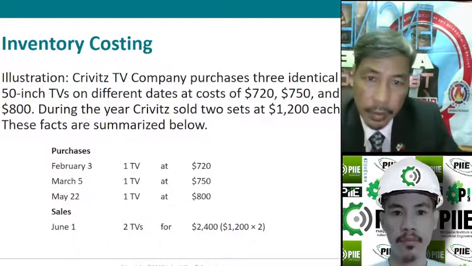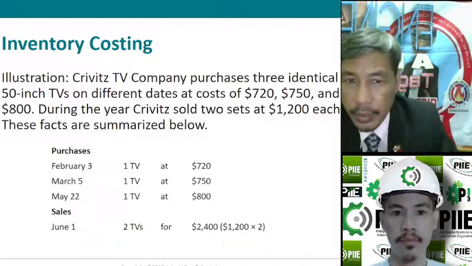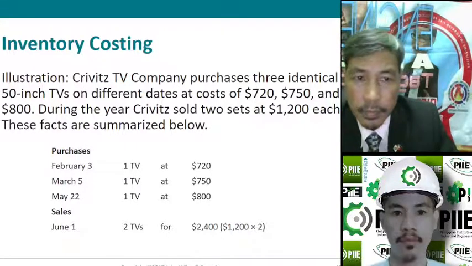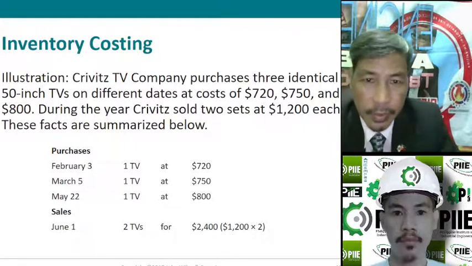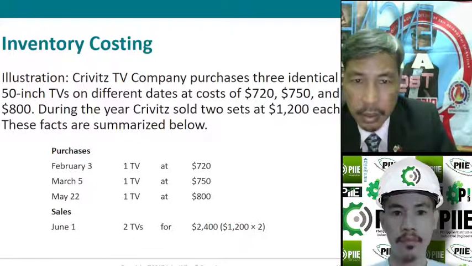Example: Krivitz TV company purchases 3 identical 50-inch TVs on different dates at cost of 720, 750, and 800. During the year, Krivitz sold 2 sets at 1,200 each. These facts are summarized below.